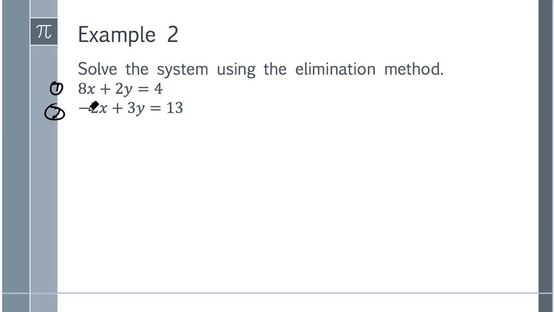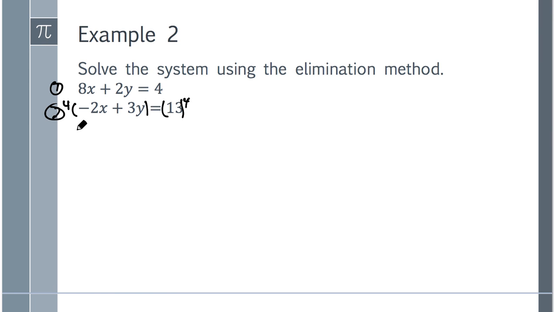When I add them, they're going to cancel. And I can easily multiply the 2 by a constant and get 8. With the y's, I would have to multiply both equations by a number so that I get the same number. So let's think about what number I can multiply to get rid of my x's. It looks like I can multiply by 4.